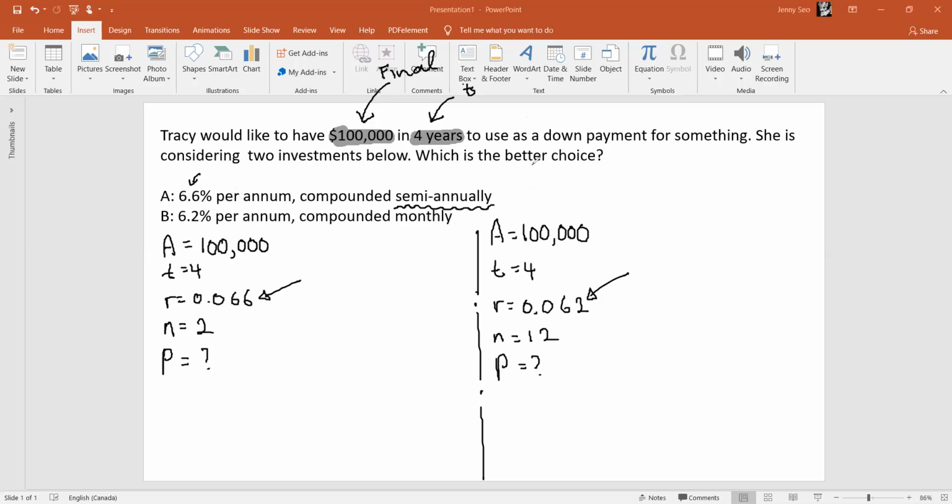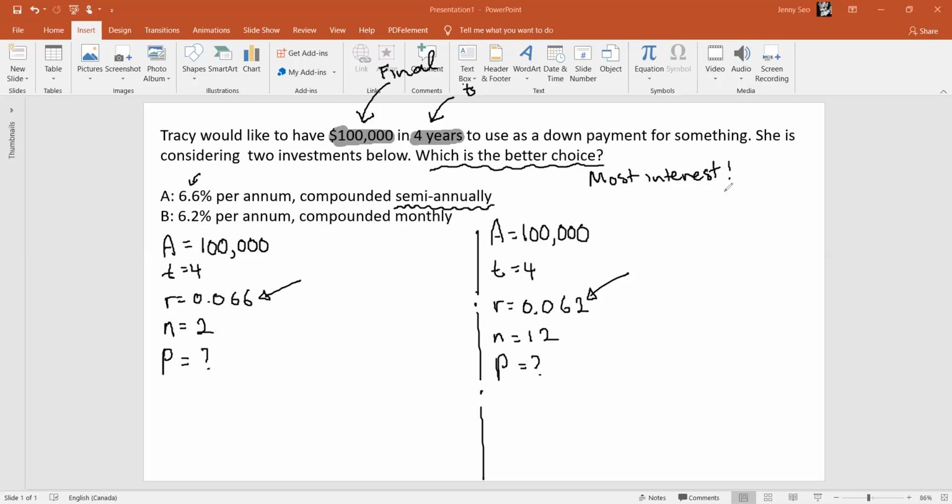When it says what is the better choice, an easy way of thinking about it is which one gives us the most interest? Which one is going to give us more money, right? So which one of these two is going to let us grow more money by just letting it sit there?